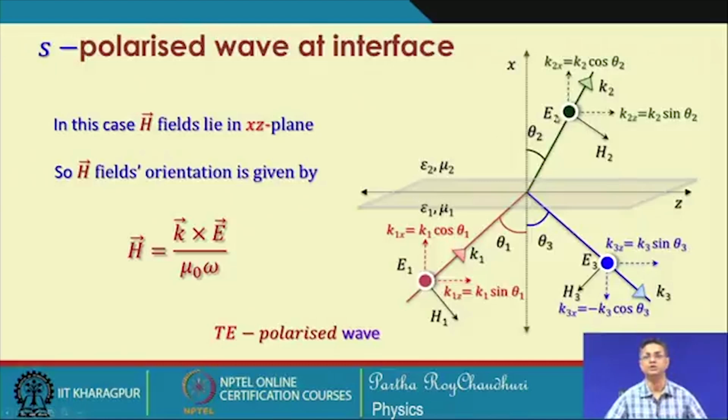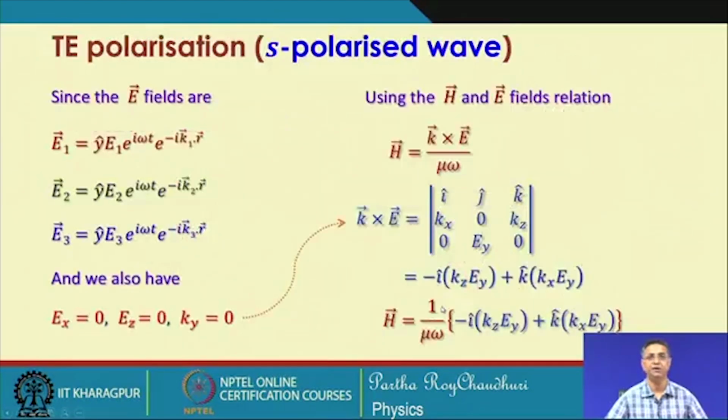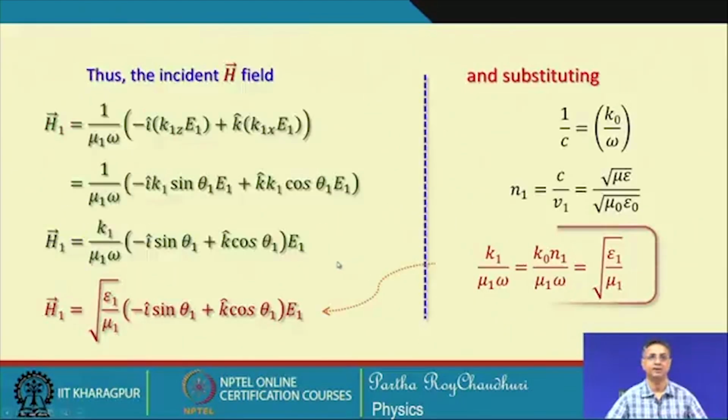So, we will use the two resolved components for the incident, the reflected wave as well as the transmitted wave to constitute the individual electric field components. And in this way, then we can write the incident electric field as i k 1 sin theta 1 and k 1 cosine theta 1 into E the z component.